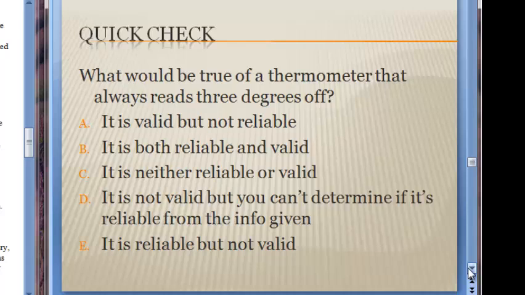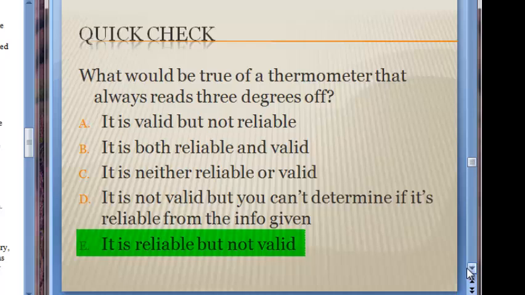So just a quick check. I'll just have you guys read through some of these questions. What would be true of a thermometer that always reads 3 degrees off? So pick your answer here quick before we move on to the next one.